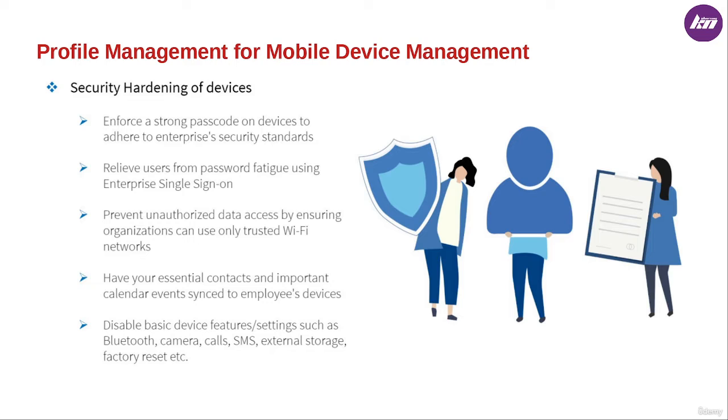So, a couple of things that the MDM will do for you is it'll enforce a strong password policy on devices to adhere to enterprise security standards. In other words, when you put in an MDM in place for all your mobile devices, not only do we have the password for the phone to be blocked or unblocked, but you could have a second password to access either documents or apps or even a browser.